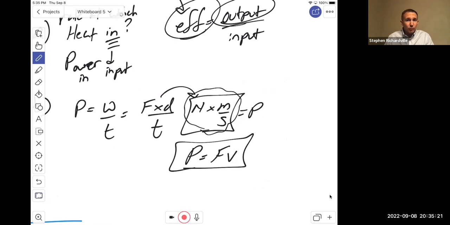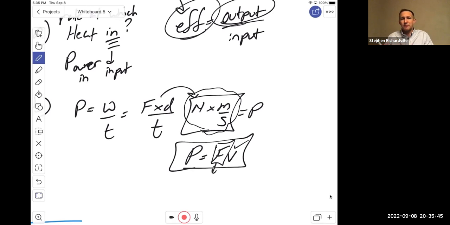Now, in terms of you're looking for force, but resistive force, they gave you a velocity, check. You need resistive force. So which power do I use? Well, if you're moving at a constant speed, that means the resistive force equals the output force, or the resistive power equals the output power.